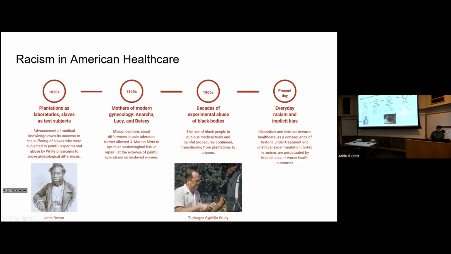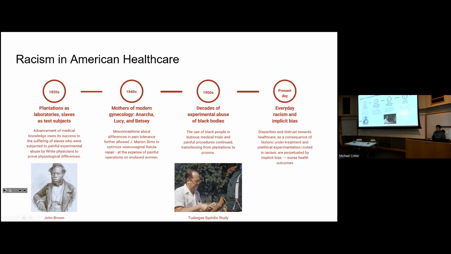A picture here below is John Brown, a fugitive slave who, after escaping, was able to document his experiences under Dr. Thomas Hamilton of Georgia, a plantation owner and a physician who wanted to scientifically confirm his theory that Black people have thicker skin than white people, meaning that they might have better pain tolerance, as he thought. And fallacies like these were presented as fact and legitimized in medical journals throughout. So this subsequently bolstered and supported racist ideology throughout time.